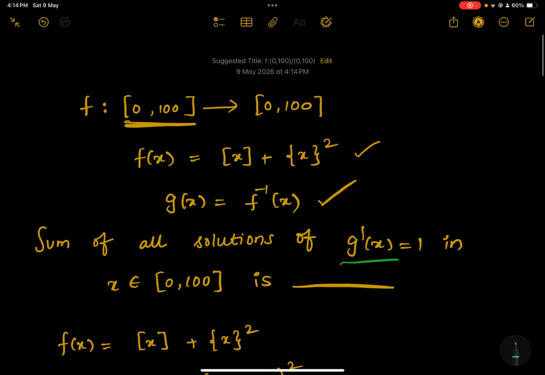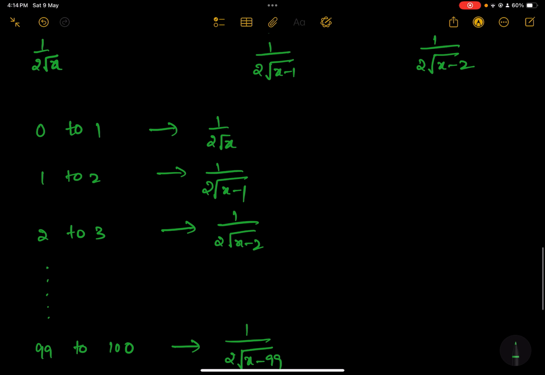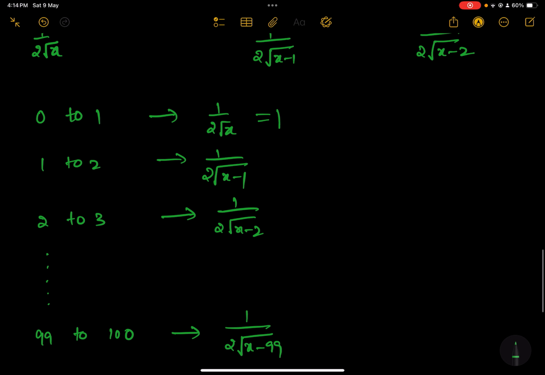Now what did they ask us? They asked us to find the sum of all solutions of g dash of x equals 1. So we have to equate g dash of x to 1. If this is equated to 1, then you will get x equals 1 by 4. So this is the first solution. If you equate this to 1, then you will get x equals 1 plus 1 by 4.